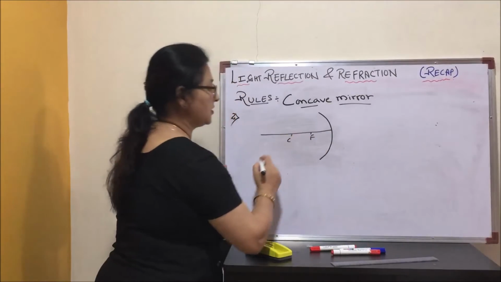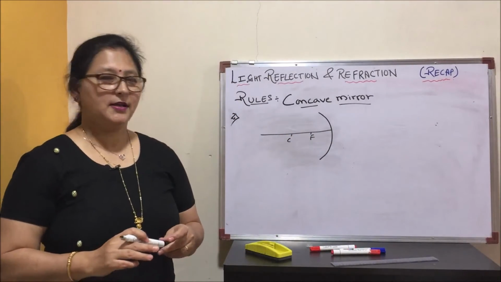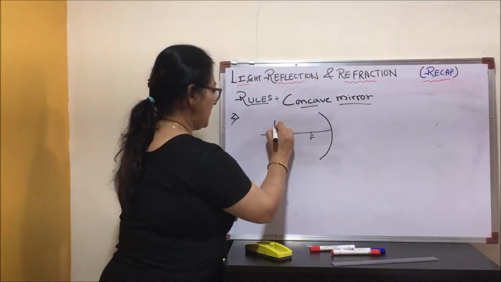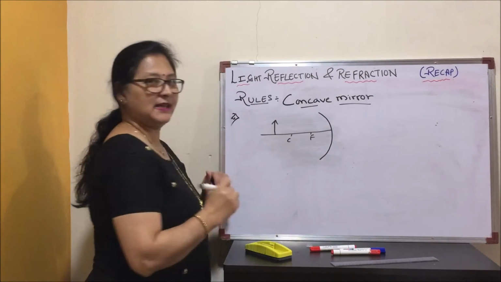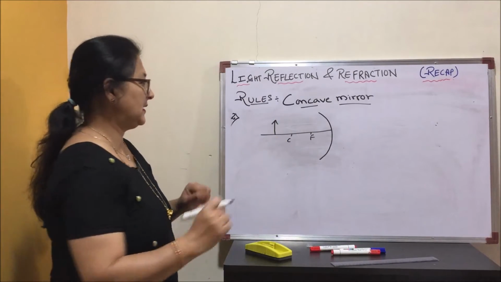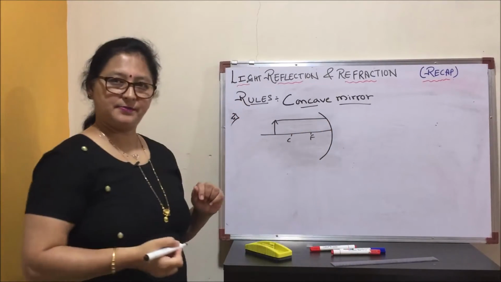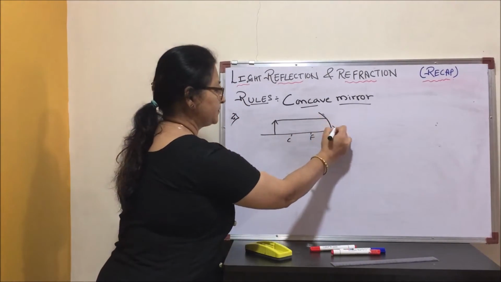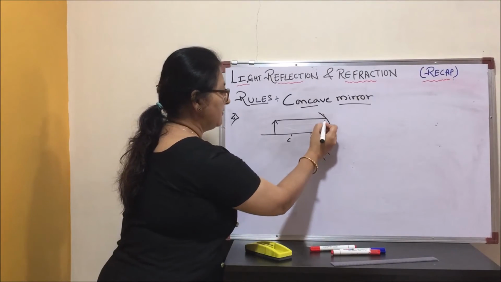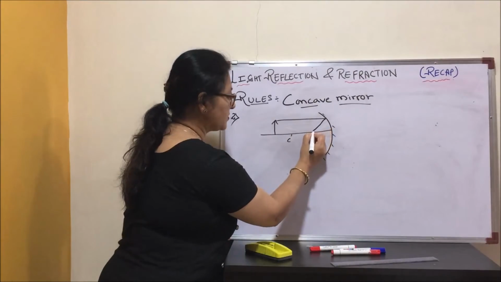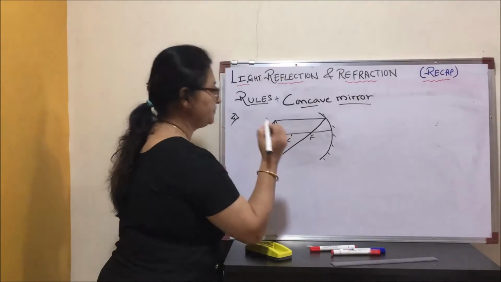Focus, curvature. Again, my object is beyond C now. The object is beyond C, and I'll take a ray parallel to the principal axis, which after reflection will pass through the focus.